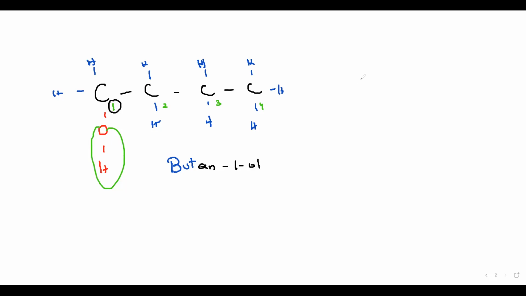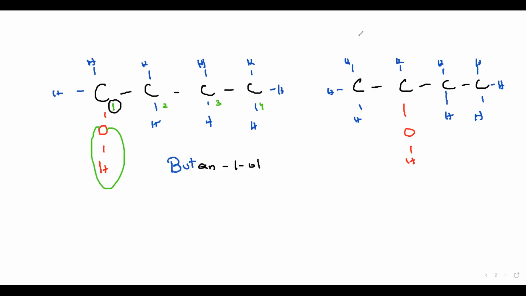Another example, if the OH is attached to the neighboring carbon, so this is the position of OH. And we have to name these 4 carbon atoms.